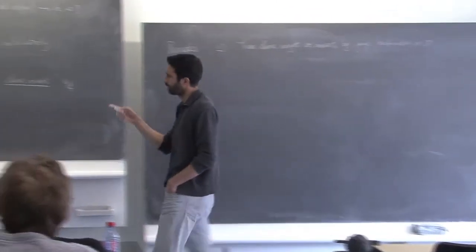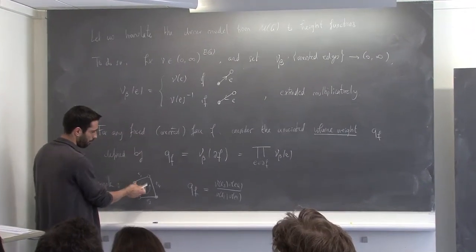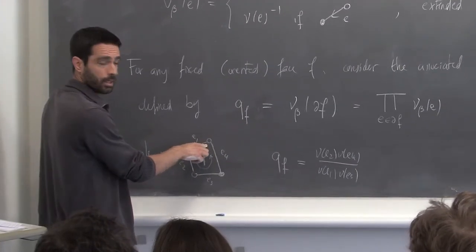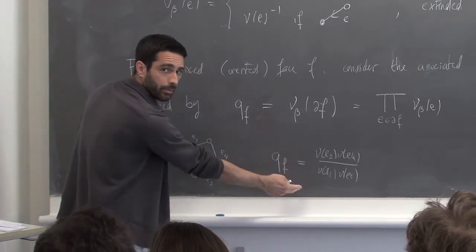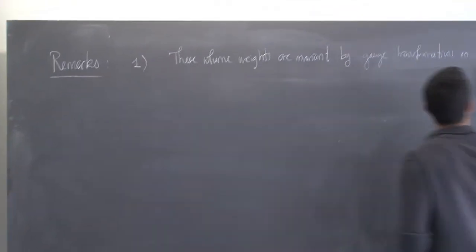Is this clear? Well, you see, if I multiply all the weights adjacent to a vertex by something, well, on one hand I will multiply the numerator, the other one. Okay, it's fine. So this is clear.